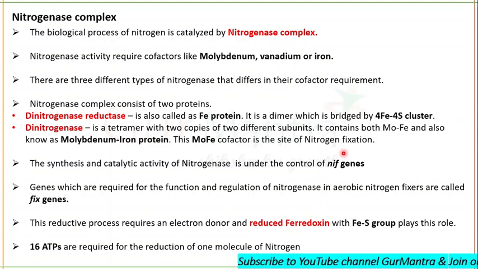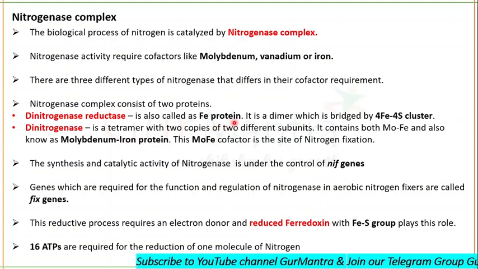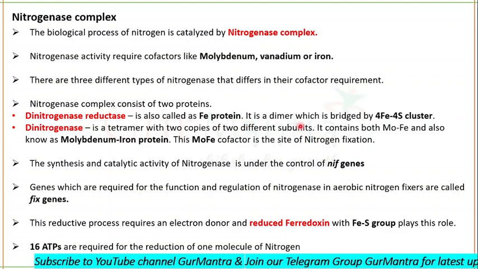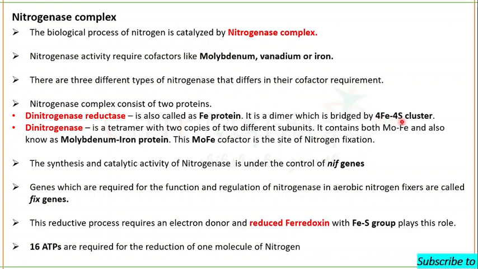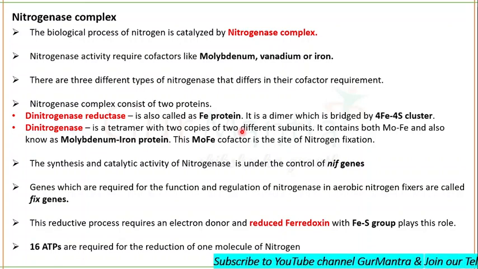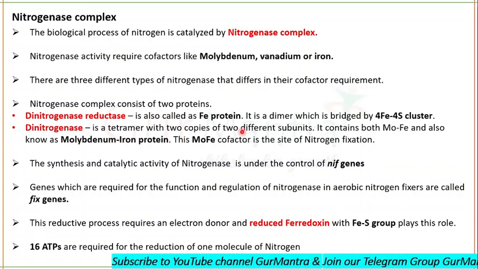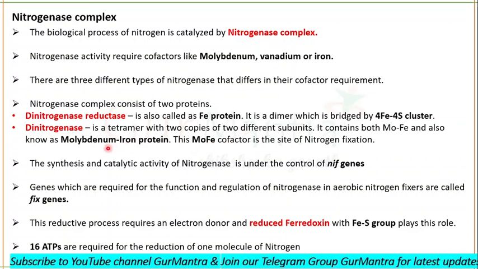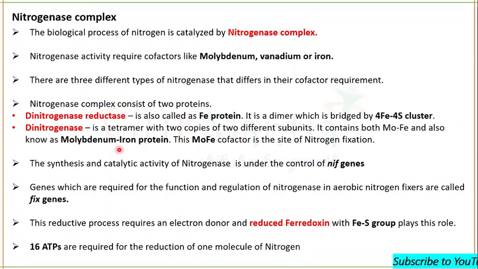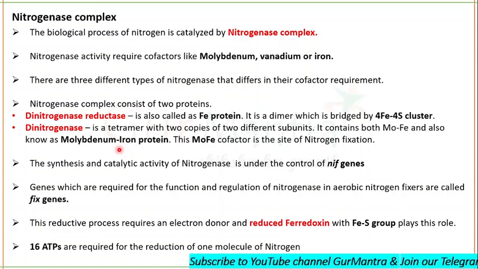One is dinitrogenase reductase, also known as iron protein, a dimer bridged by iron and sulfur clusters, while dinitrogenase is a tetramer having both iron and molybdenum, so it is also known as molybdenum iron protein and is the main cofactor and main site of nitrogen fixation.